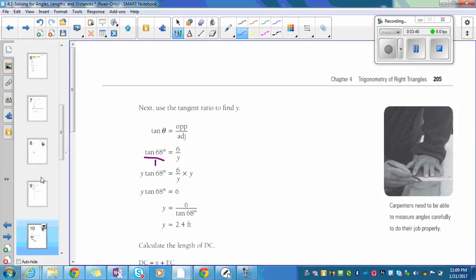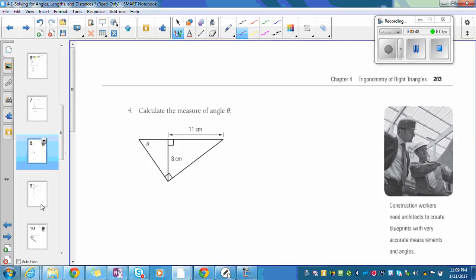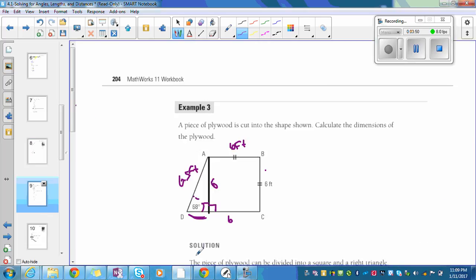Now if we go back to this picture, this little length is 2.4. So the whole length is 2.4 plus 6, so it's 8.4 feet. So this shape is 6 feet by 6 feet by 8.4 feet by 6.5 feet.